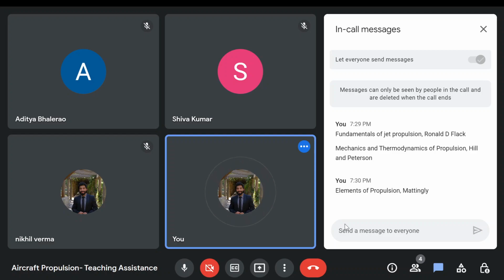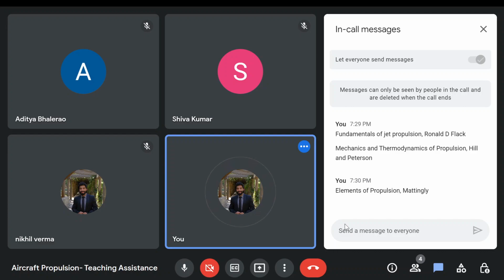These three books will be sufficient for you to get a good insight into aircraft propulsion. Because most of the part there is gas dynamics, and for gas dynamics there are a very good number of books. Anderson is a good book, you can follow Anderson.